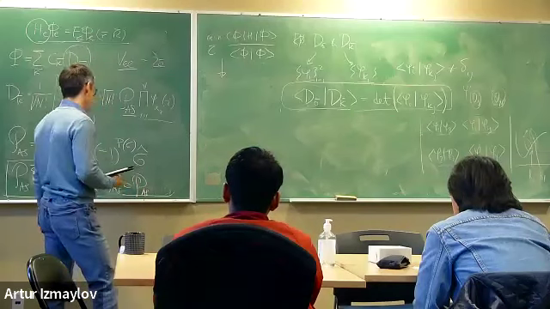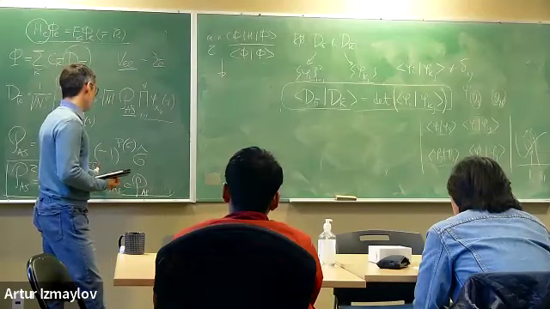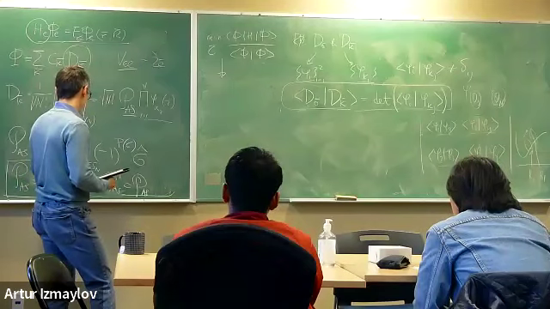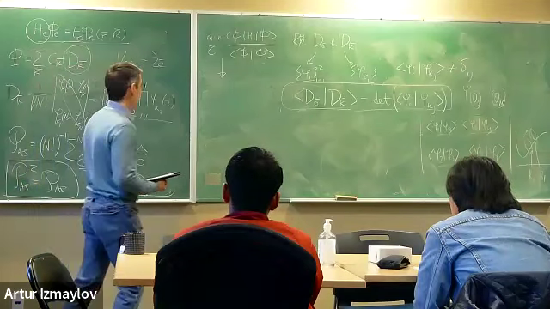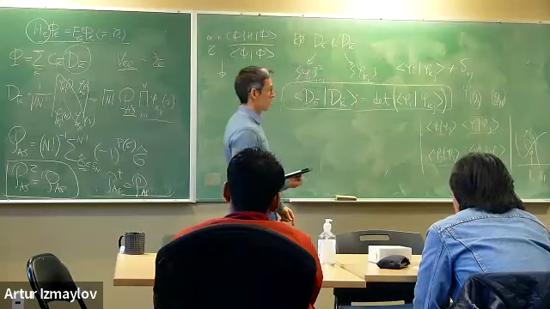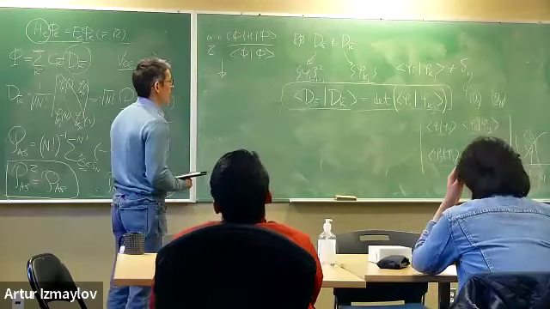Because it's Hermitian, we could use this formula, and then it will boil down to just a single anti-symmetrization. And single anti-symmetrization will lead us to the determinant. Okay, so that's kind of the idea here.